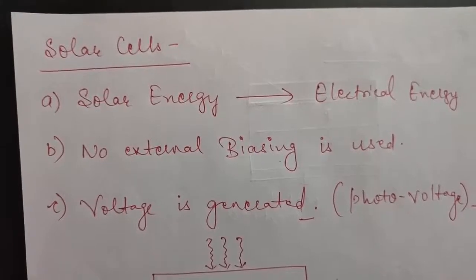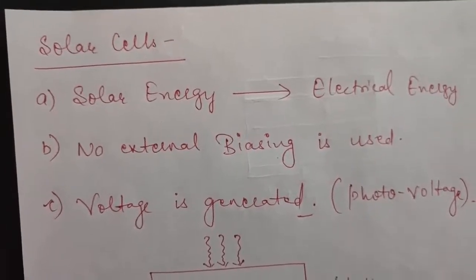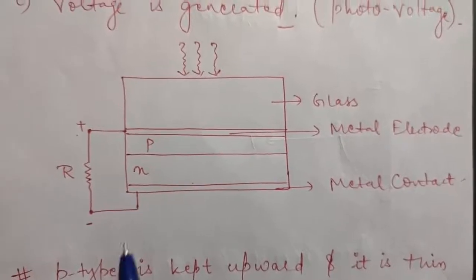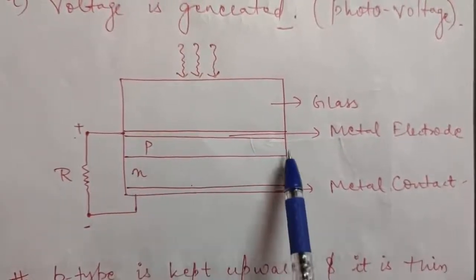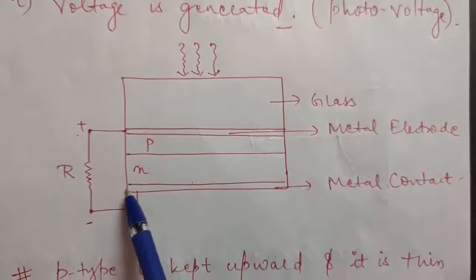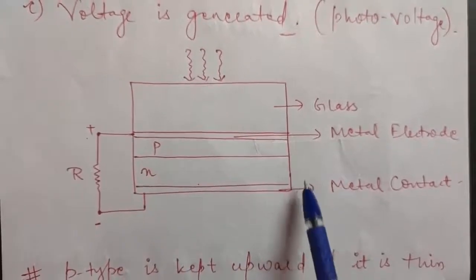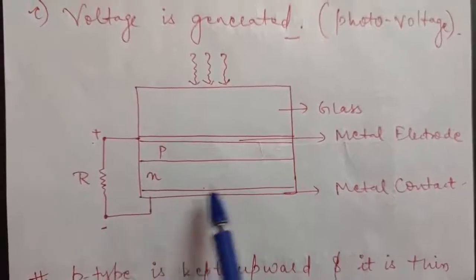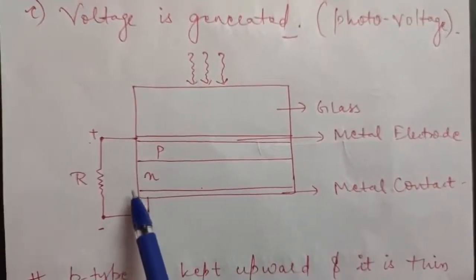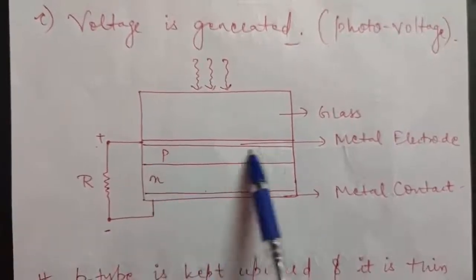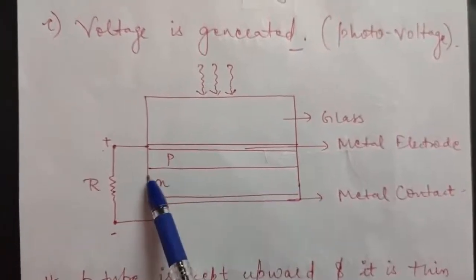So now let us study how it works. So this is the diagram for a solar cell. In this, see, this is an n-type semiconductor below which a metal contact is placed. The reason for this metal contact I'll tell you later. Okay, so a metal contact is there, above which an n-type semiconductor is there, onto which a thin layer of p-type semiconductor is there.